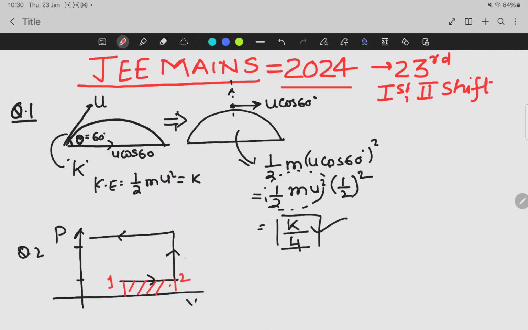Let's say points 1, 2, 3, 4. Here delta V is 0, so no work done. Here the work done will be positive, and here the work done will be negative.